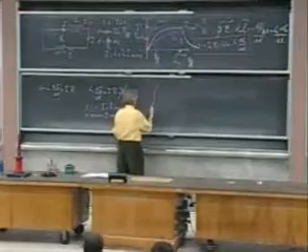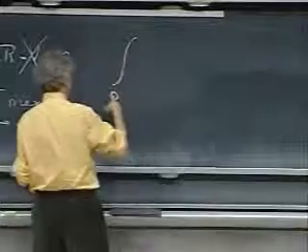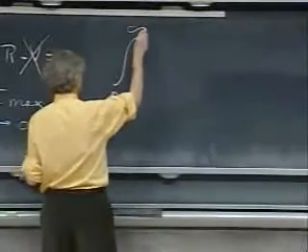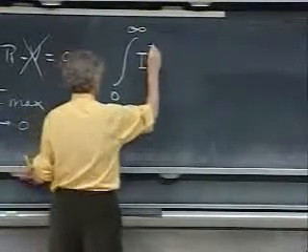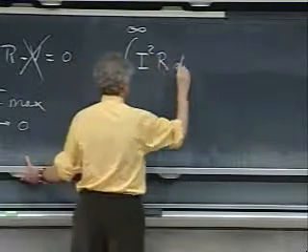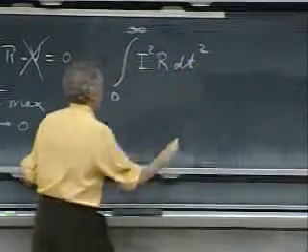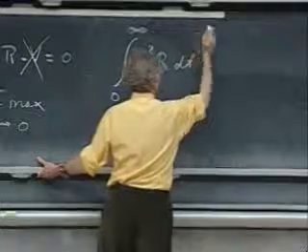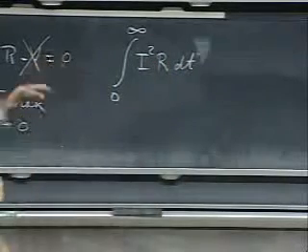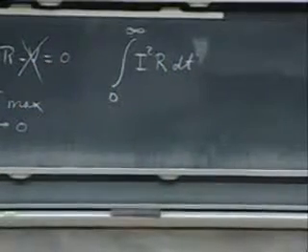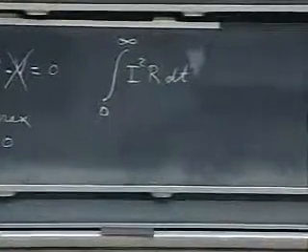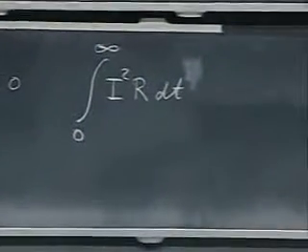And so if my voltage becomes zero at time t equals zero, then this is the amount of heat, I square R dt integrated from 0 to infinity, is the total heat that is produced as the current dies out.